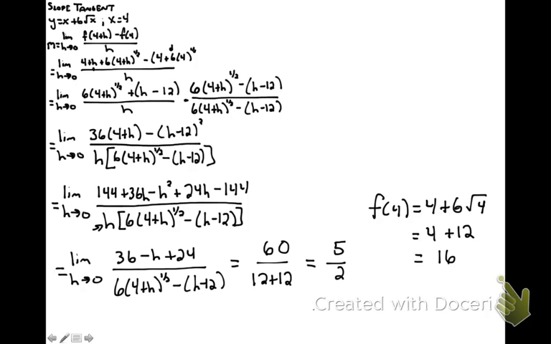So my point is (4, 16), my slope is 5/2, so the equation of the line would be y minus 16 equals 5/2 times x minus 4. And there you have it. Again, the issue isn't the calculus, it's really just the algebra and cleaning that nasty thing up, which is why we love rules that simplify this for us.